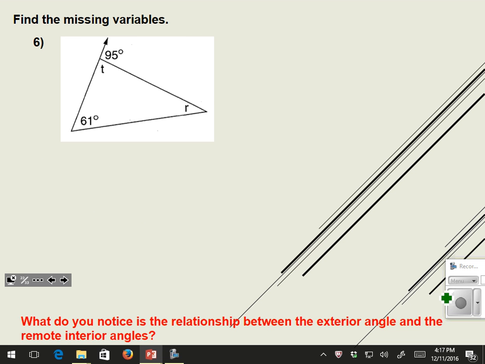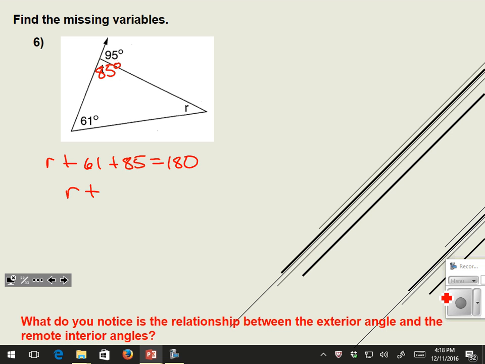Okay, guys, let's figure out what angle 6 is equal to. Angle T is going to be 85 degrees right here because those two angles are supplementary. How do I figure out angle R? Well, all those angles inside the triangle add up to 180. So R plus 61 plus 85 equals 180.